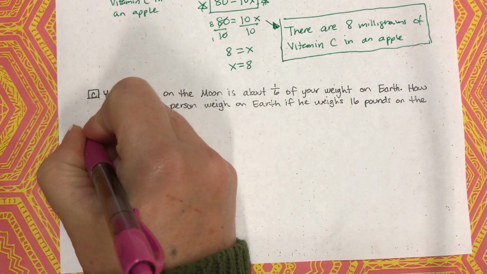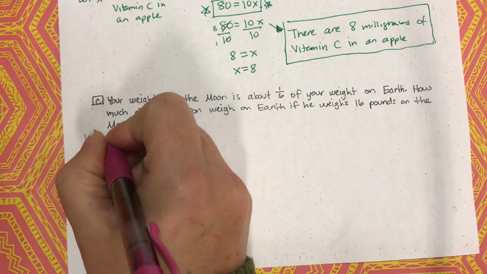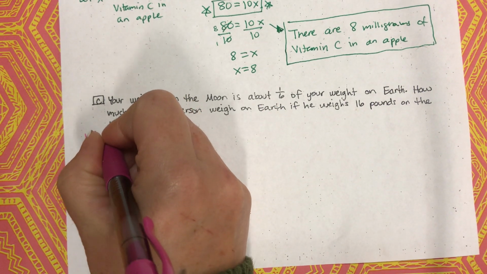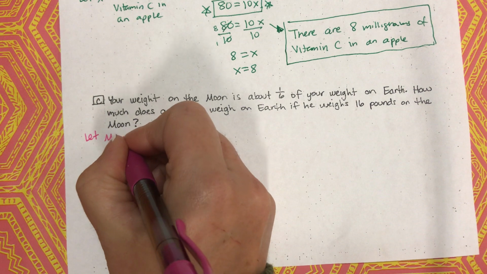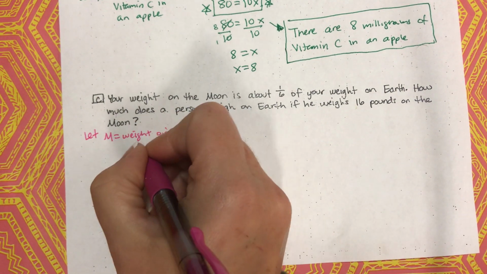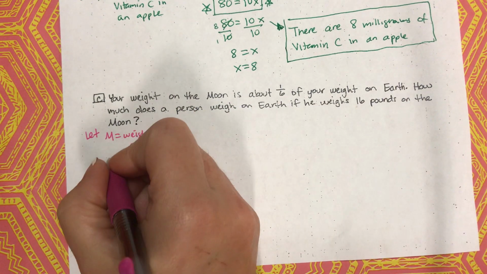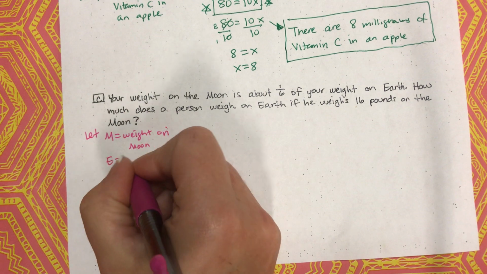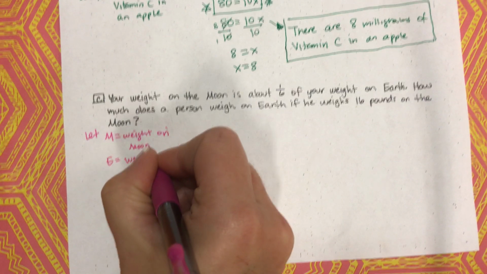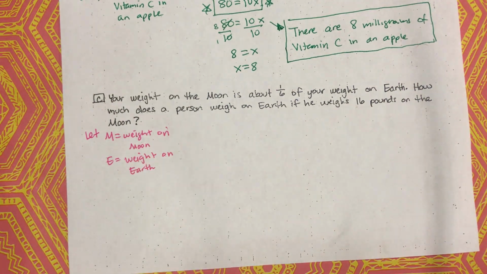So let's say M equals weight on moon. And how about we let E equal weight on the earth. Okay? So those are the two things that we don't really know.